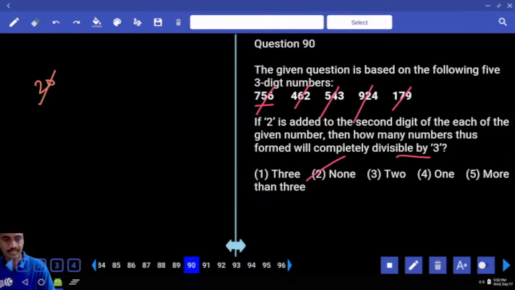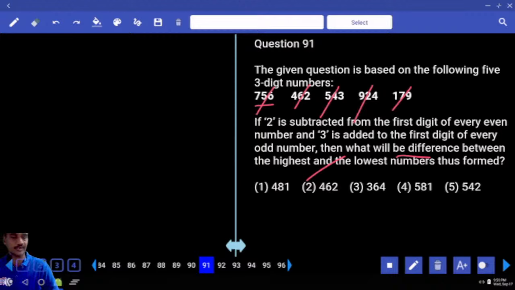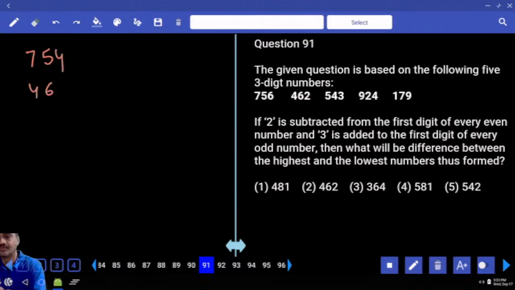Then 91. Now in this 91, 2 is subtracted from the first digit of every even number. Even number means 2 must be subtracted from where? Now this 756 will become 754. Next one, 462 will become 460. Then 543. And 2 is subtracted from the first digit of every even number.